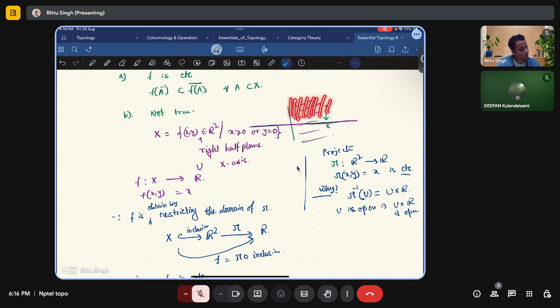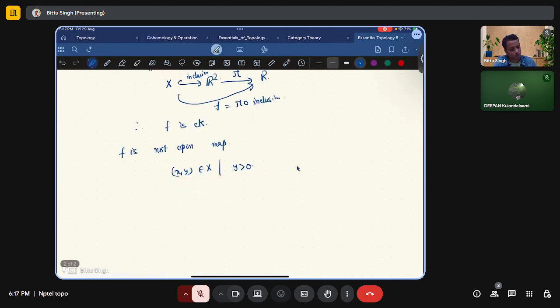This upper half part, and I have not included the x-axis. Then this is open in the subspace X. This can be written as the intersection of some open set of this kind with X. This will give this upper half, and it does not have any boundary on the lower portion.